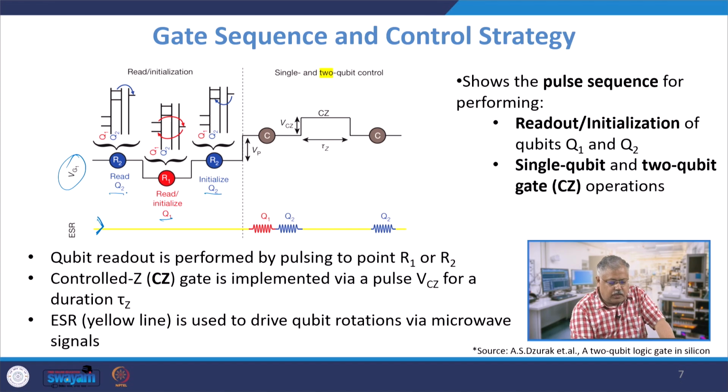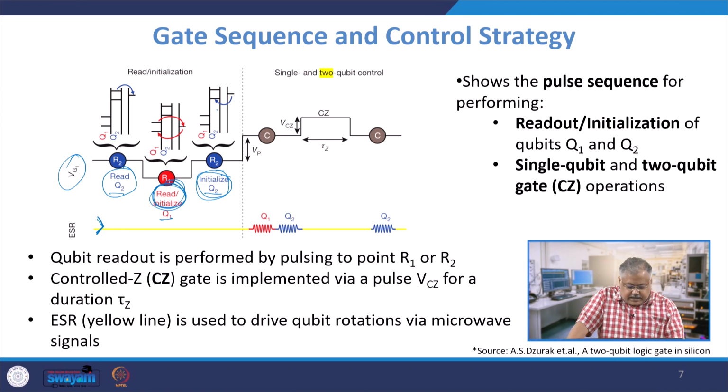Now you need to do a read and initialization here, and when you initialize Q2, you are also reading Q2. The red one is for reading and initialization of Q1.